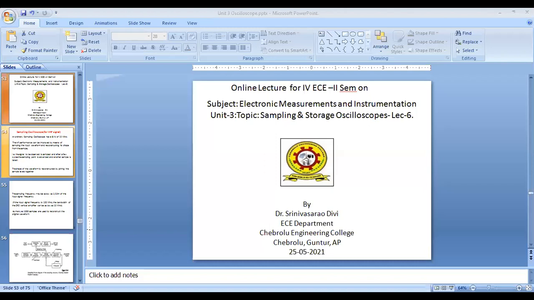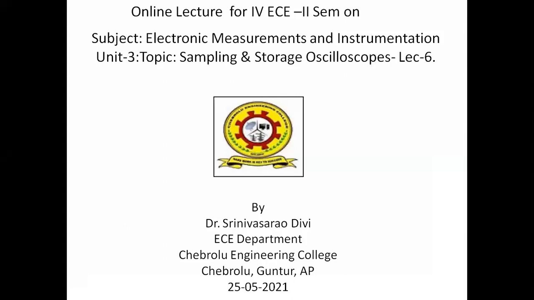So we are discussing different types of CROs. In the previous lecture we saw the dual beam oscilloscope and dual trace oscilloscope, and the block diagram representation of dual beam CRO and dual trace CRO.